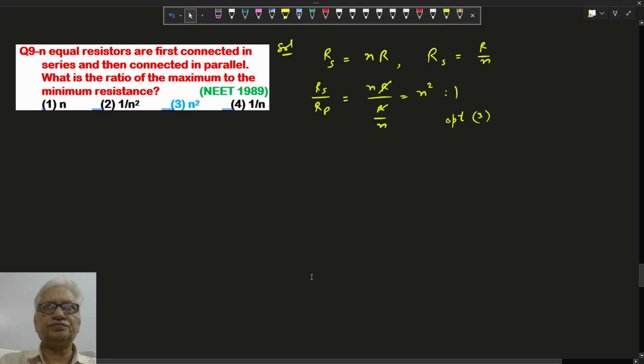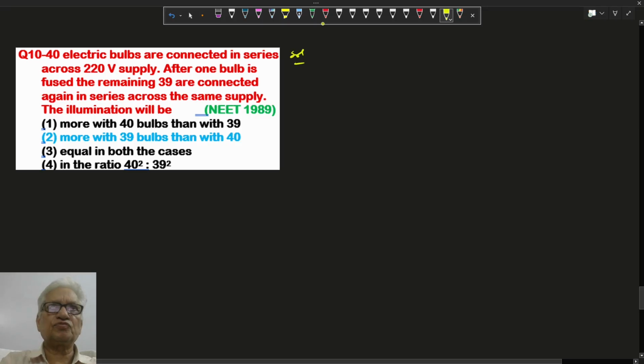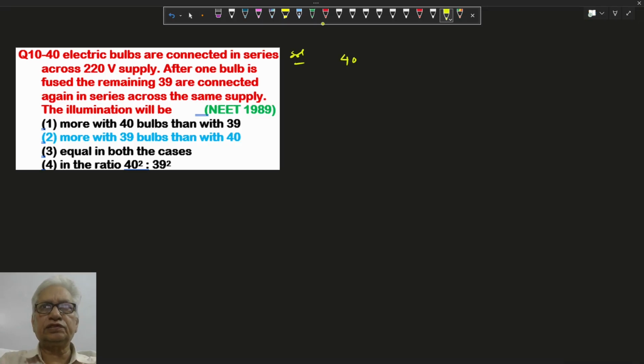3. In this question there are 40 bulbs having resistance R. So the power when 40 bulbs are there has the formula V square upon 40R, and they are in series, so the total resistance is 40R.